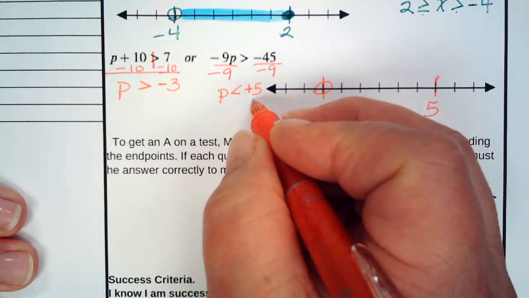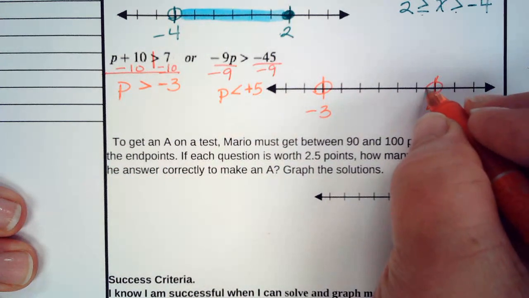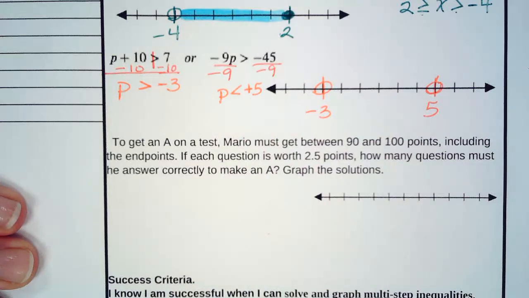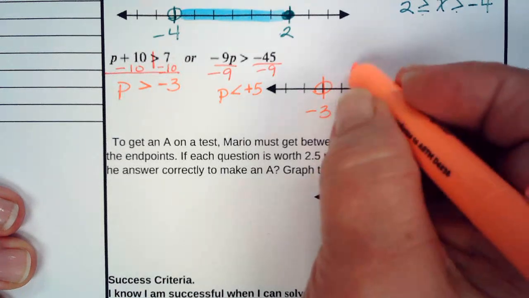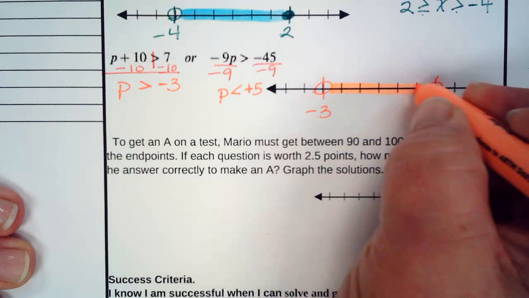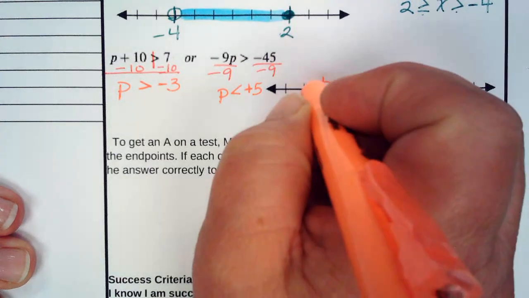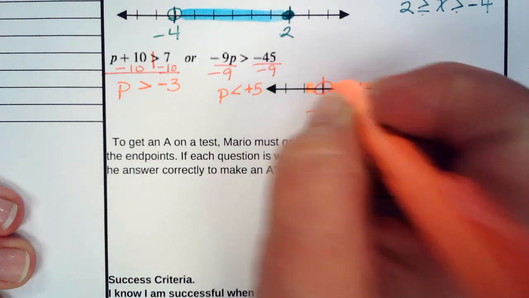And then when I come up here, it's going to be less than. So where are the numbers greater than -3 or less than 5? Well, greater than -3 would go this way. Less than 5 would go this way.